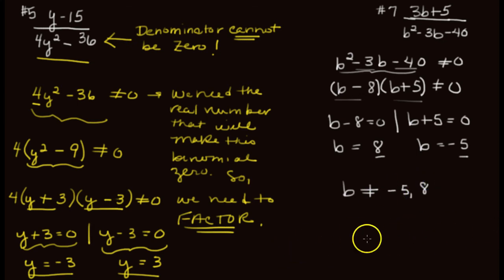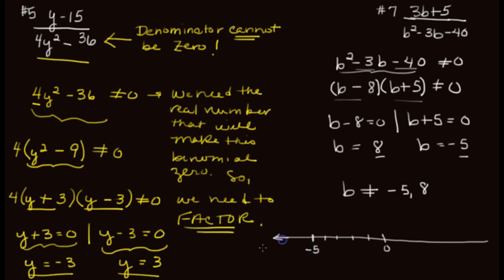So again, if we were looking at this on the number line, we have 0, we've got 1, 2, 3, 4, negative 1, 2, 3, 4. And this is going to be our negative 5.